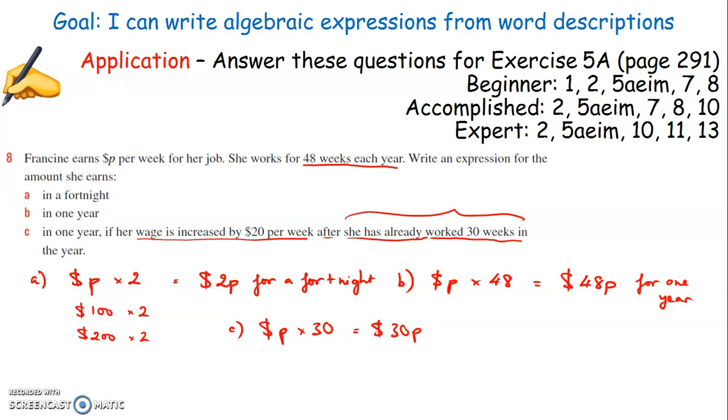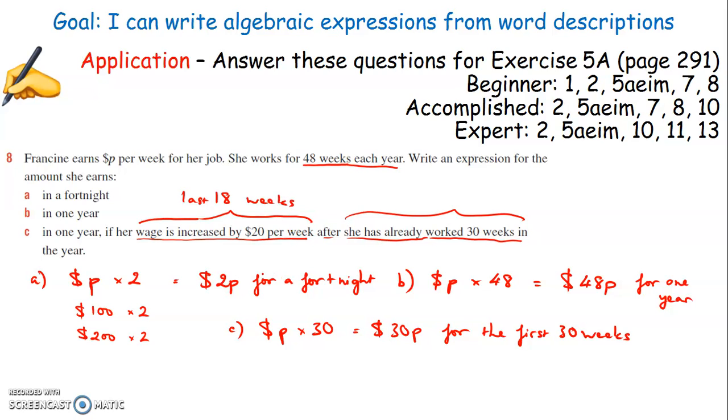Okay, so this is the amount for the first 30 weeks in the year. Now because she works 48 weeks, we know that this is for the last 18 weeks.